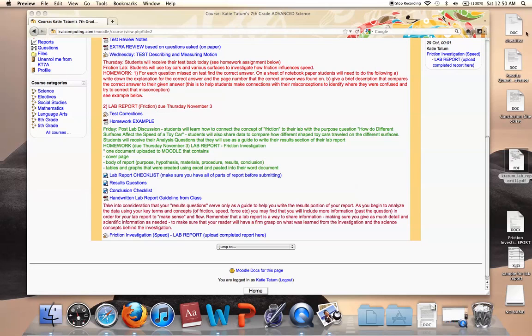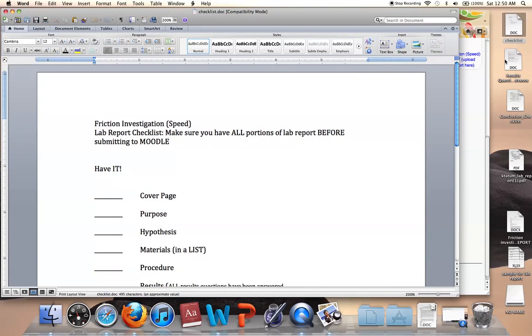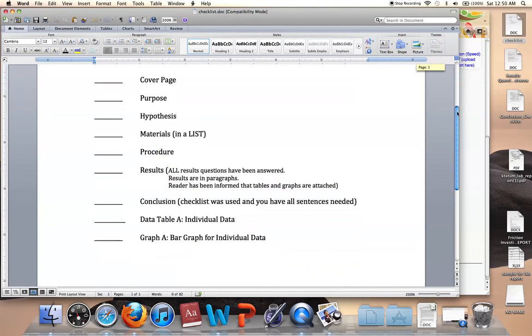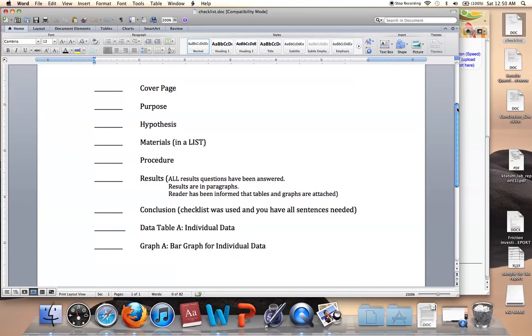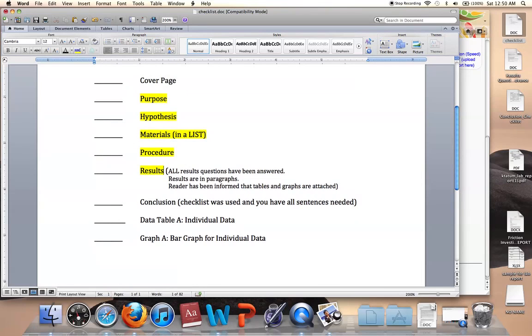So again, the checklist, you want to make sure that you have all of these things: the cover page, purpose, hypothesis, materials, procedure, results, conclusion. I'm just going to highlight these real fast: the purpose, the hypothesis, the materials, the procedure, the results, and the conclusion.